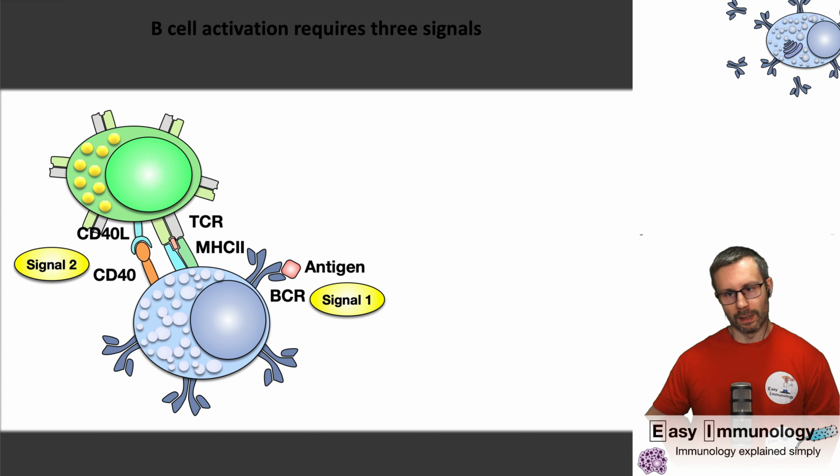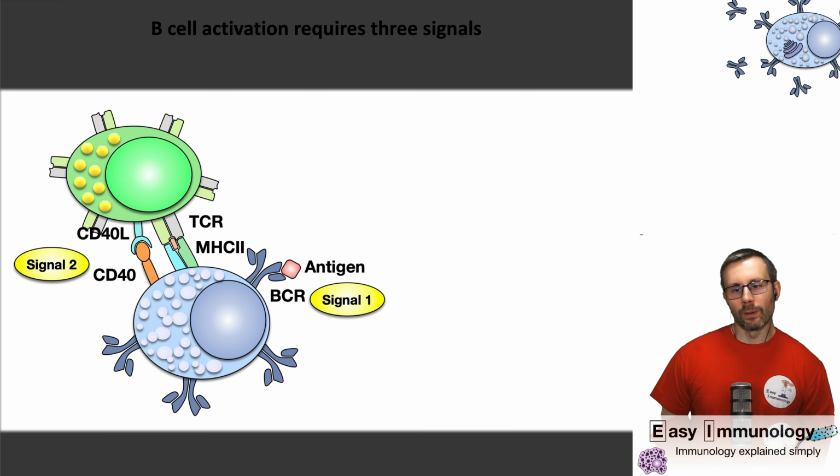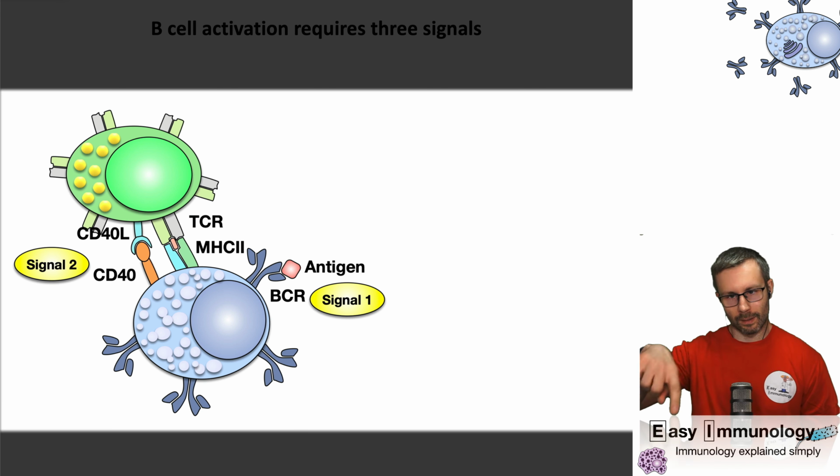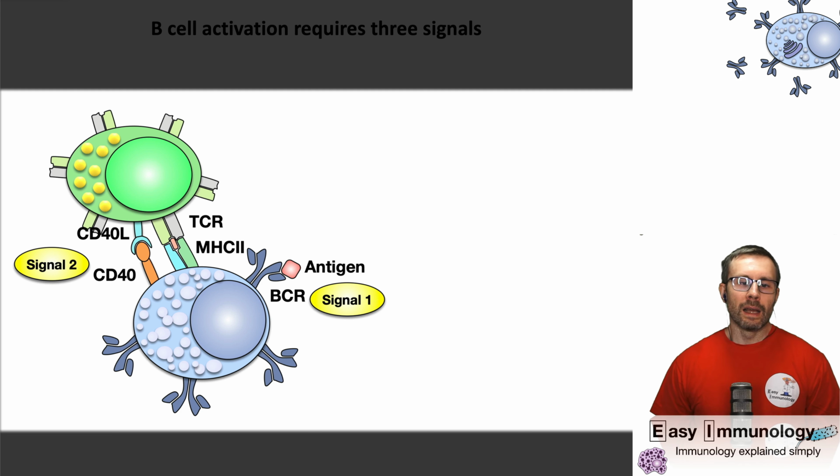So therefore, this naive T cell was shown this peptide. It turned into an effector cell, and then it looks around in the lymph node if it finds a B cell that shows the same peptide. So this is how it makes sure that only an immune response is initiated against the pink pathogen.